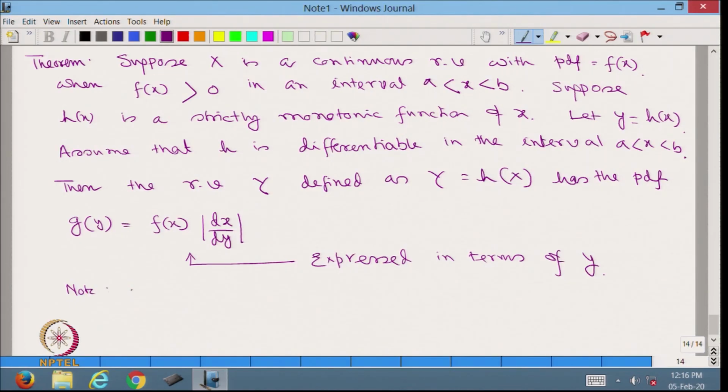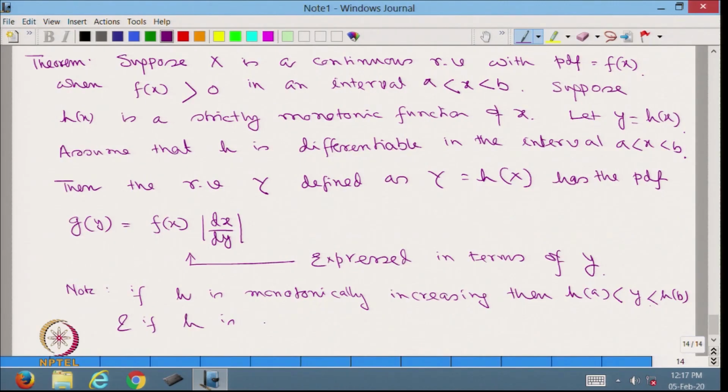Note, if h is monotonically increasing, then h(a) less than y less than h(b), and if h is monotonically decreasing, then h(a) is greater than y greater than h(b).